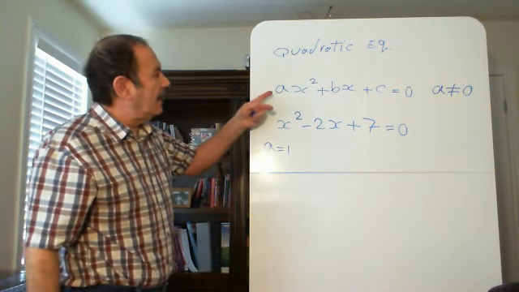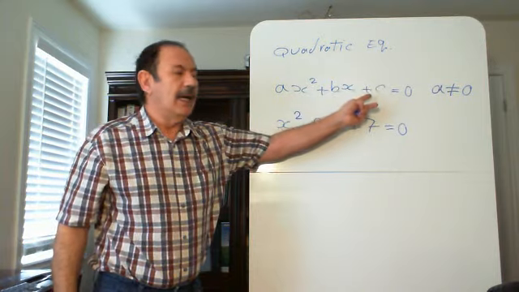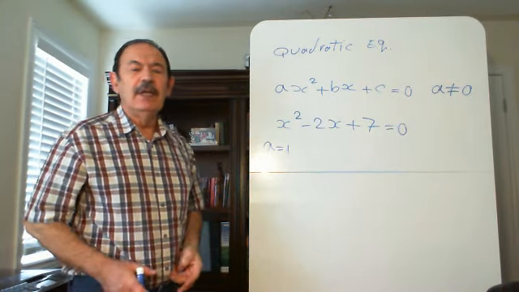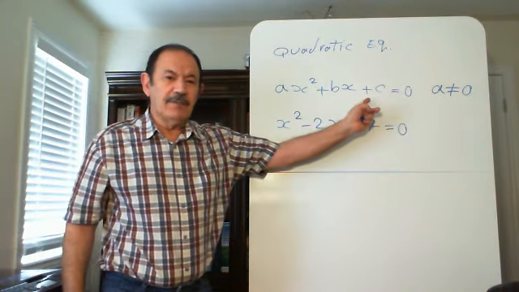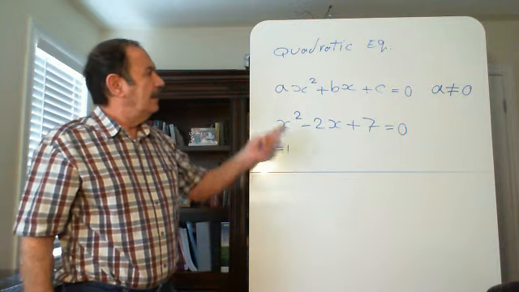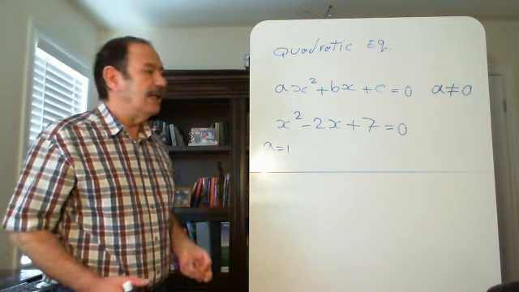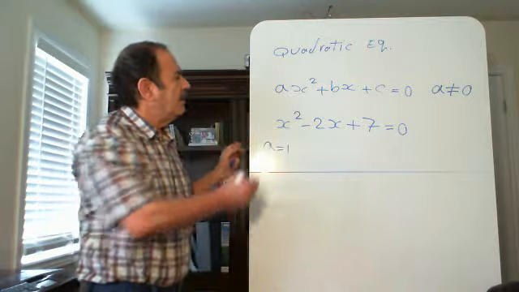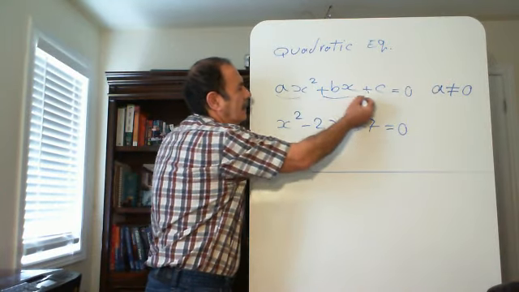If you remember the name of this a, and b, we called it coefficient. The name of this c is constant. The name of x is variable, and the name of each of these is term.